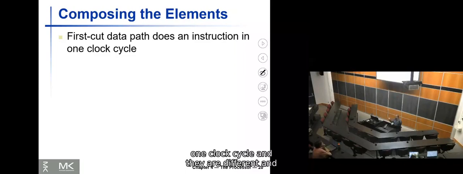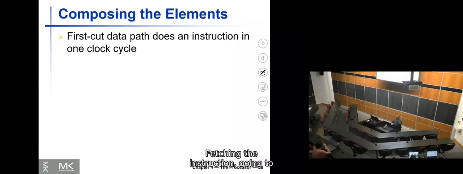They are different, and they have different times to perform. So we should find out which one would be the longest, and our clock is determined by the critical path, the longest path for executing the instruction. So everything should be executed in one clock cycle.